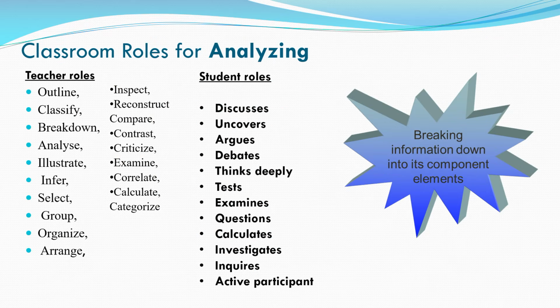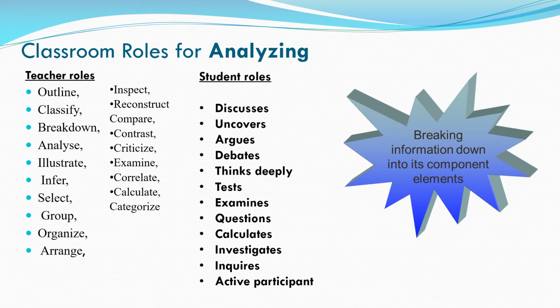Next is another higher order, analyzing. Analyzing is breaking information down into components or elements, which means that the question pattern is such that new information comes out. The traditional information is used in such a way that some new information can be generated from the old one.